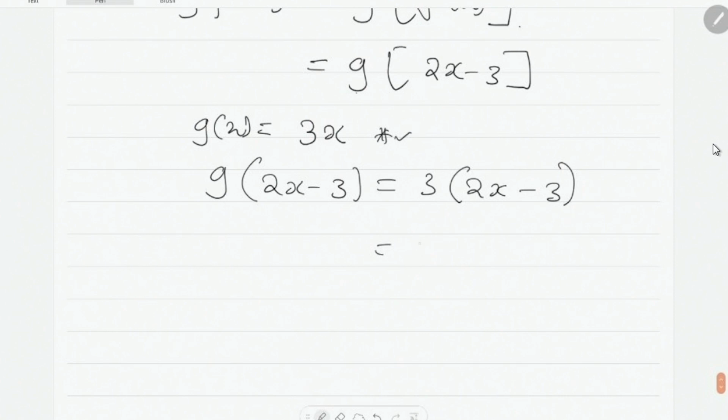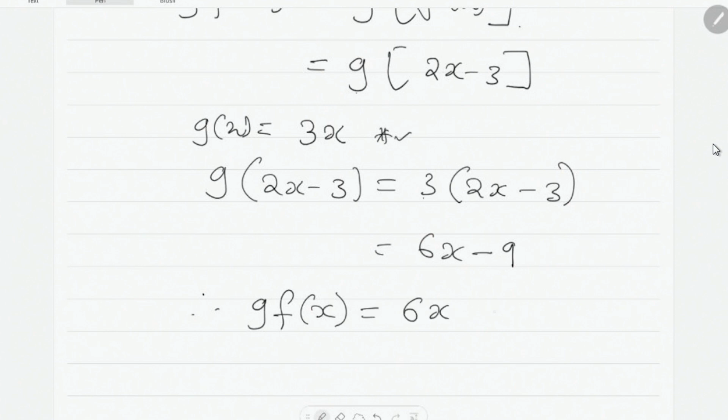Then simplifying the right hand side, I'll have 3 multiplied by 2x, I'll get 6x, then minus 3 times 3, I'll get 9. Or positive 3 times negative 3, I'll get negative 9. And therefore, we are saying that g f of x is equal to 6x minus 9.